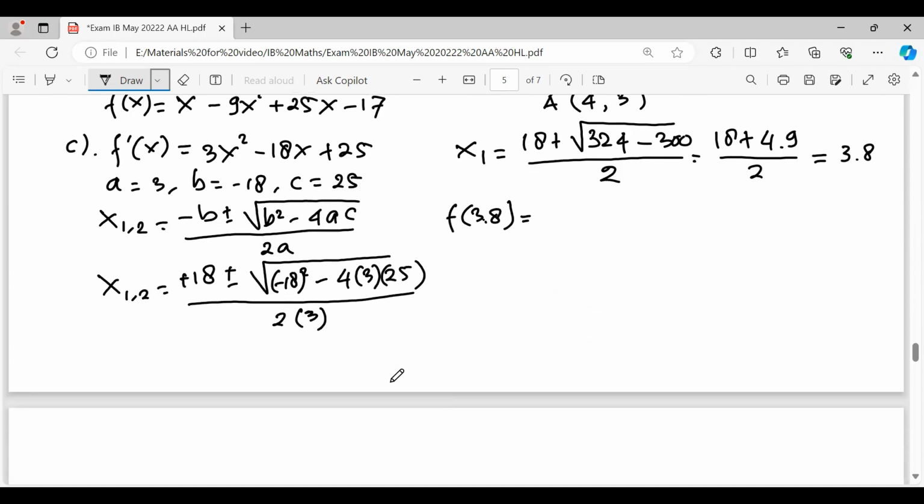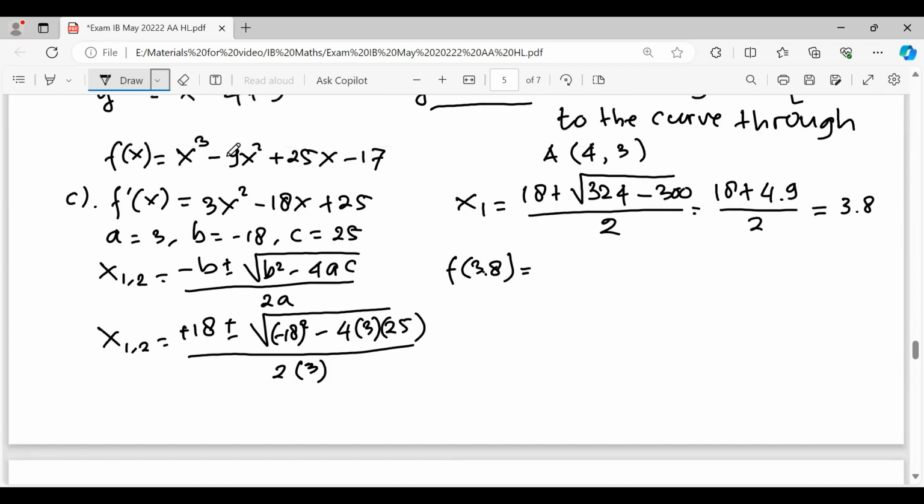Substitute into this function, and we found that f(x) equals 3.8 cubed minus 9 times 3.8 squared plus 25 times 3.8 minus 17.